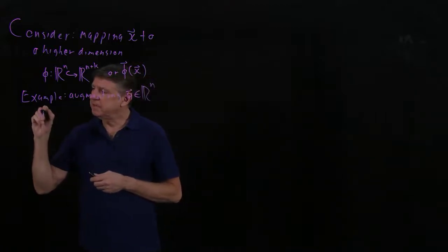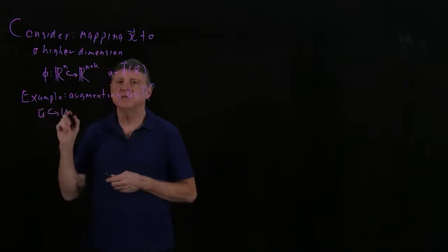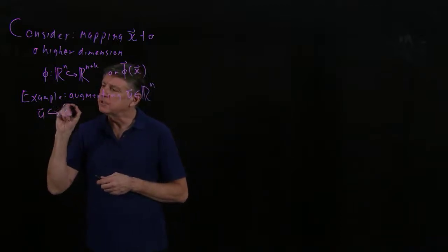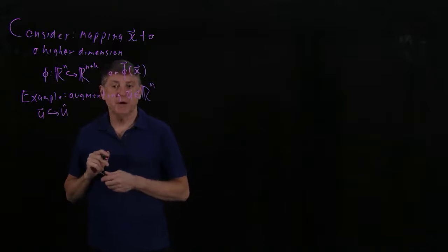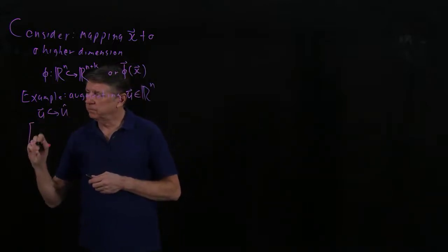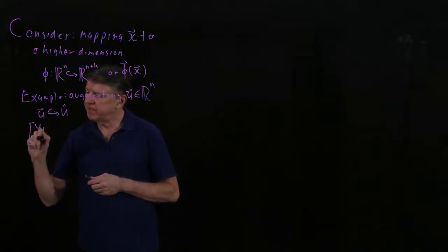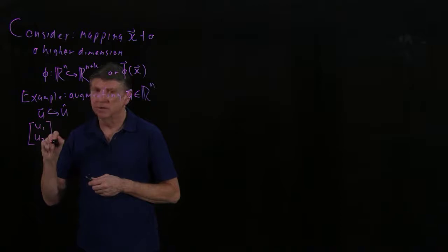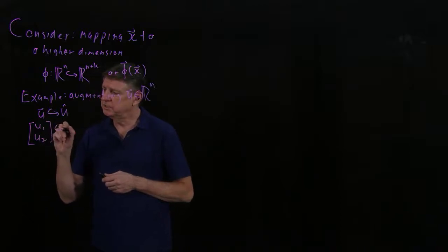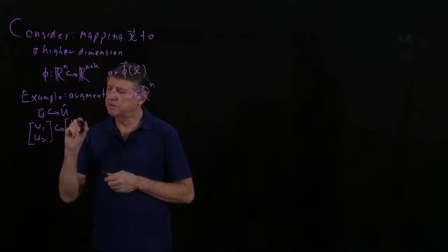We can embed u into a higher dimension, and for this lecture we'll refer to this as u hat. And the mapping that we proposed in a previous session was if we have a size 2 vector, what we do is we embed this into a size 3 vector. And we do this by augmenting.